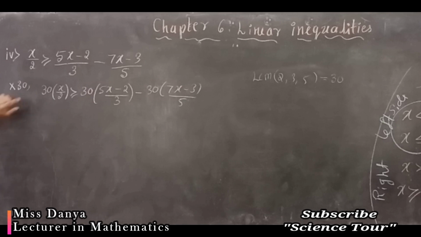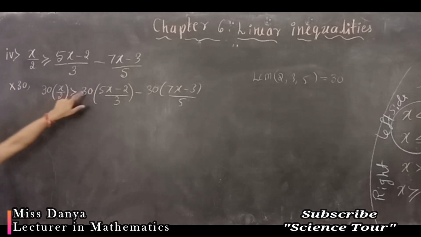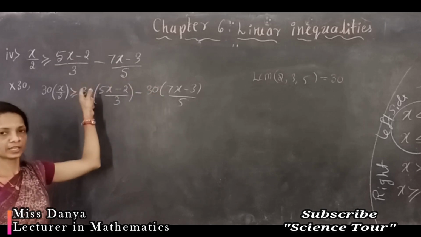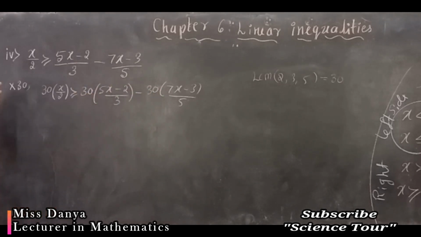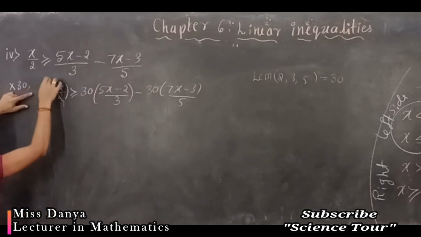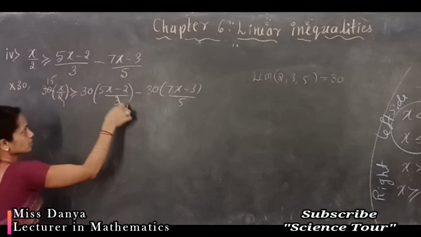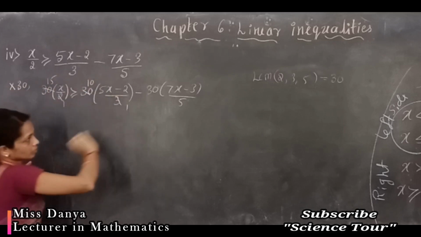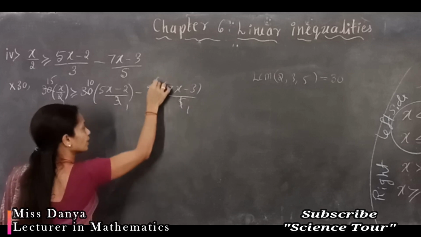Okay, so next, cancel the LCM and the denominator in each term. Here 2 goes into the LCM 15 times, 3 goes 10 times, and 5 goes 6 times.